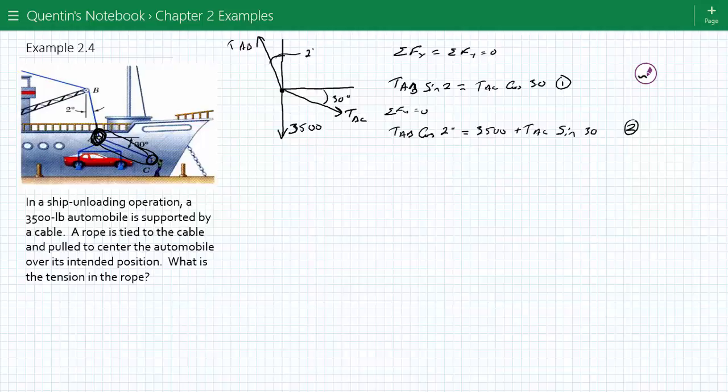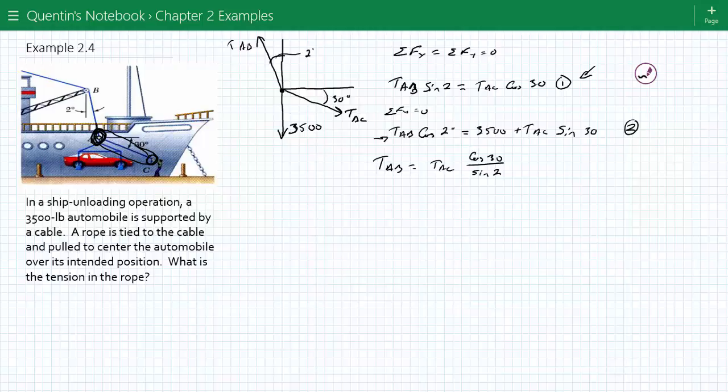The way I did it, I took this first equation right here, and I solved for this in terms of TAB. So let's just do that because I can follow my notes. TAB is equal to TAC times cosine of 30 over sine of 2. Okay, and I can plug that into this right there.